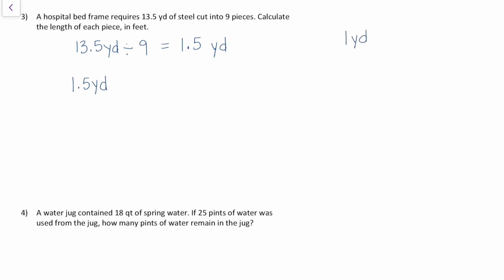And we know 1 yard is 3 feet. So I'm going to write my conversion so that my yard's on the bottom. So I'm going to do 1.5 times 3, which is 4.5 feet. So each one is 4.5 feet.